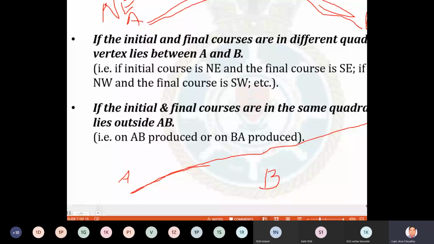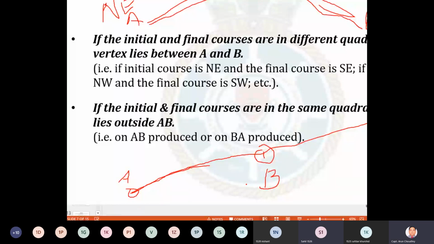Let's call this point A. In which quadrant is the initial course? First northeast. And what about the course at the destination, that is point B?